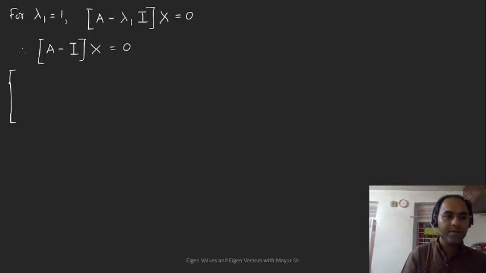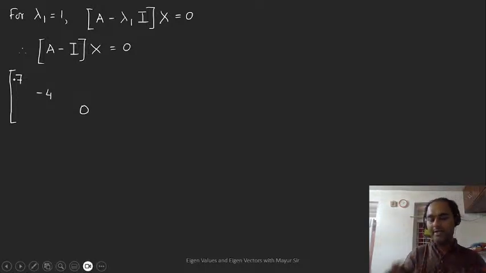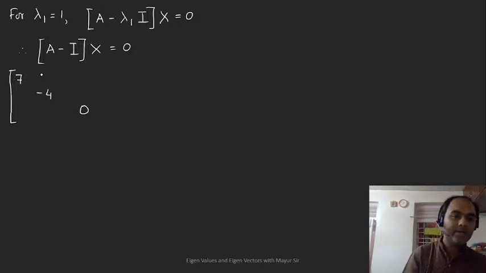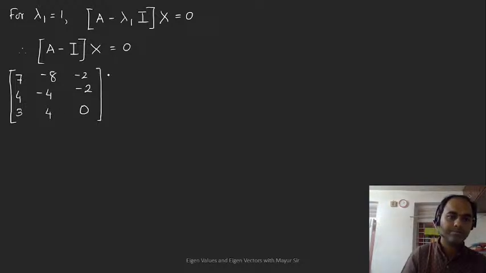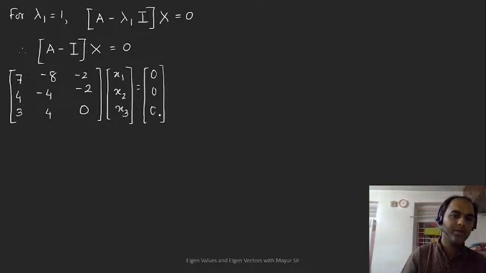So here you will have 7, then there is minus 4, and then there is 0, and write all other elements as they are. So minus 8, minus 2, minus 2, 4, 3 and 4. x1, x2, x3, equals 0, 0, 0.